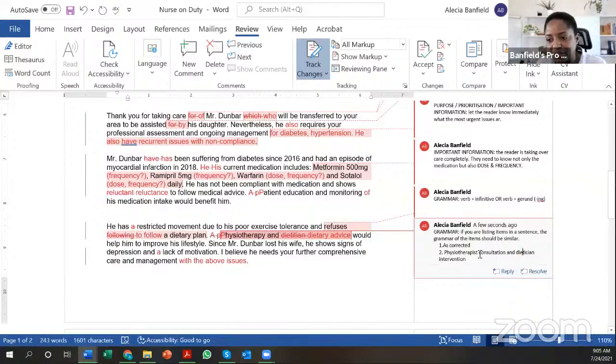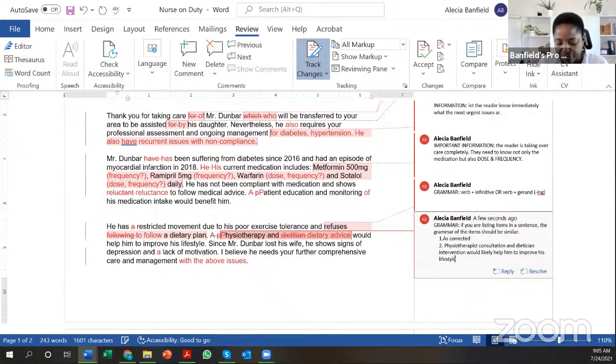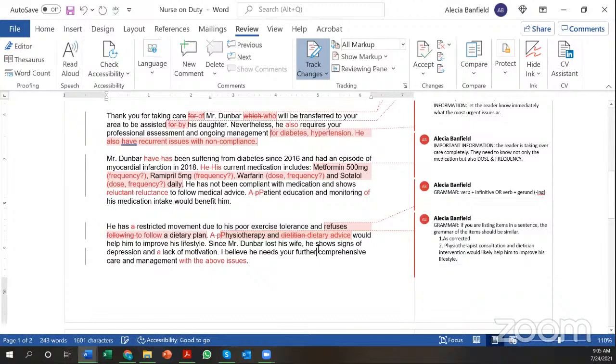Dietitian intervention would likely help him to improve his lifestyle. Okay. Proofread your letter. Best of luck. Thank you.